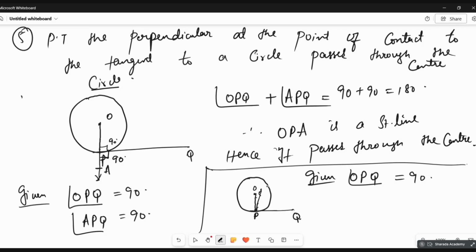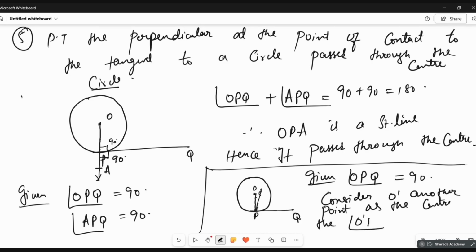Given OPQ is 90 degrees. Two ways you can prove that.